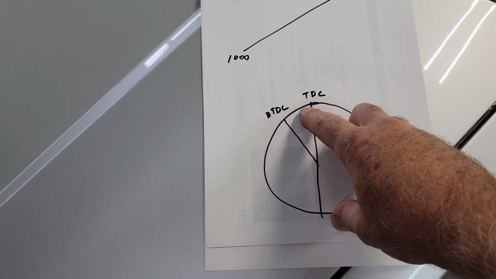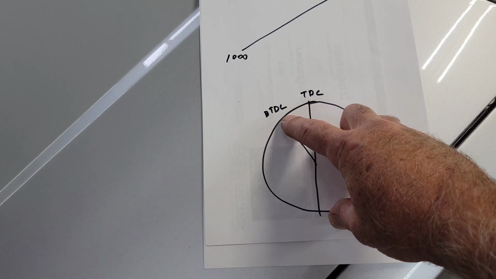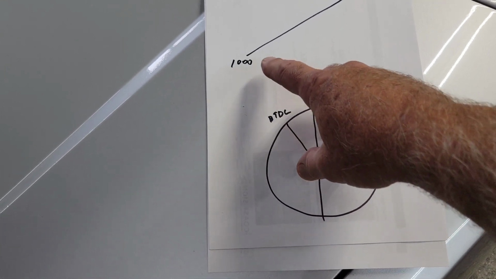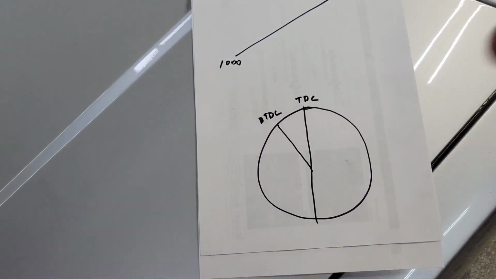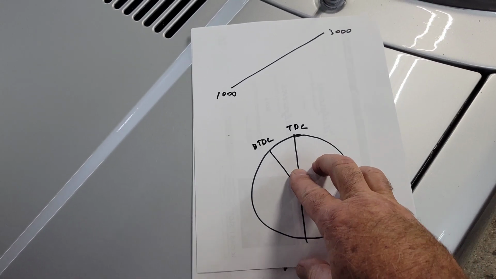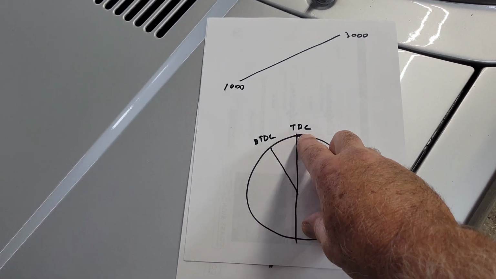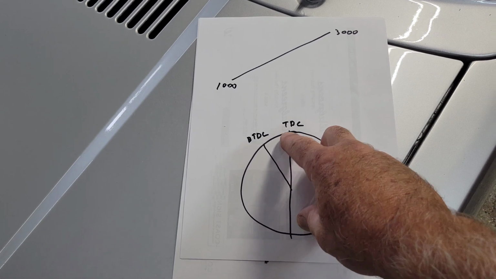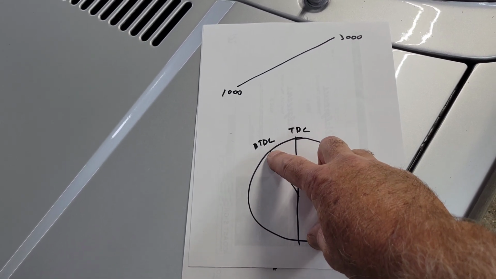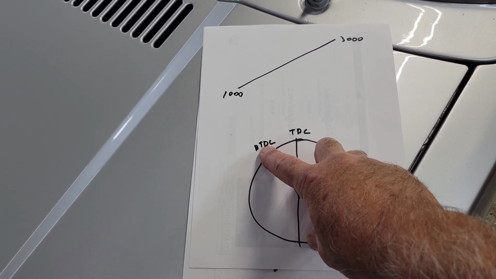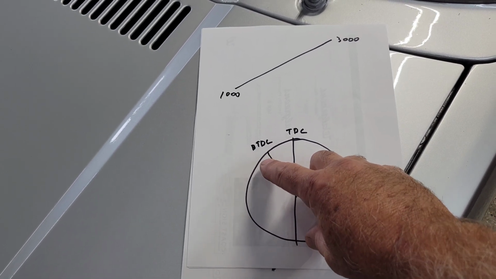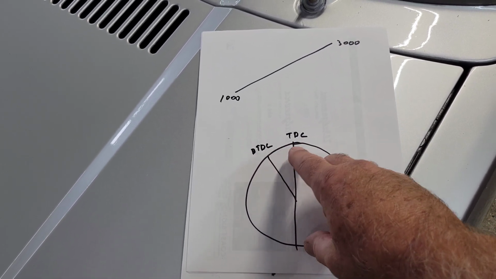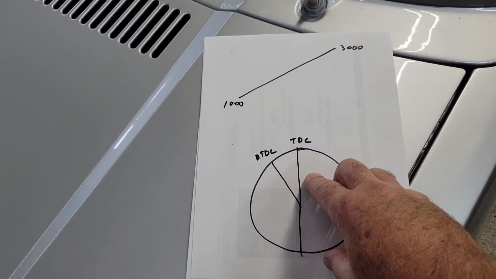You have your timing earlier and earlier as your RPMs increase. So in order to get the correct amount of time that it takes for the fuel to burn, as you increase your RPMs, you have to have your timing come on earlier and earlier so that it's got that time that it needs to burn correctly.